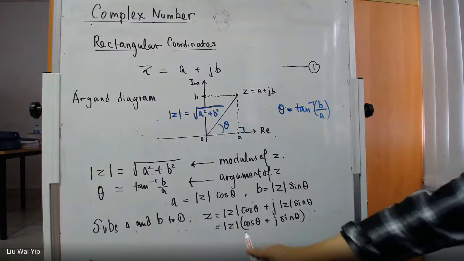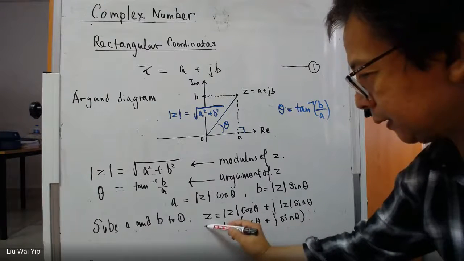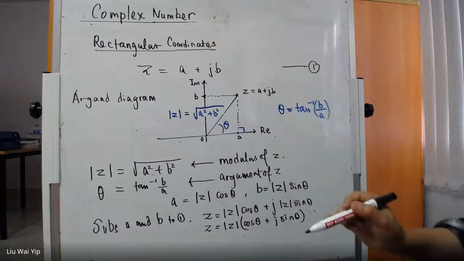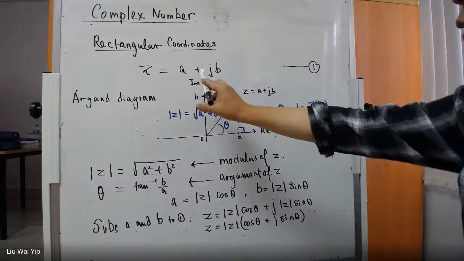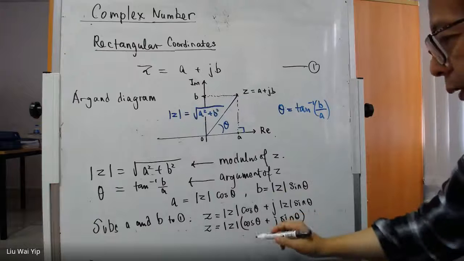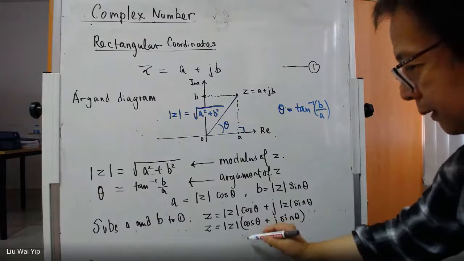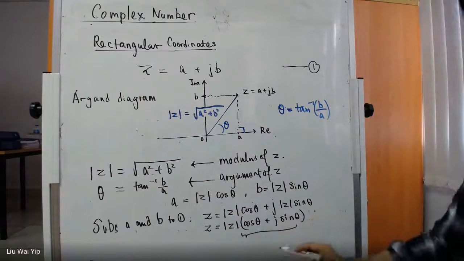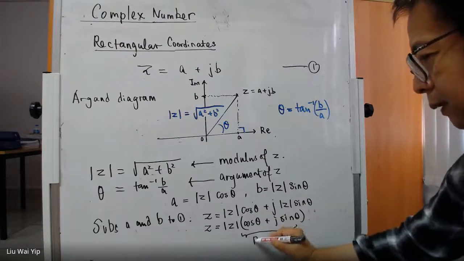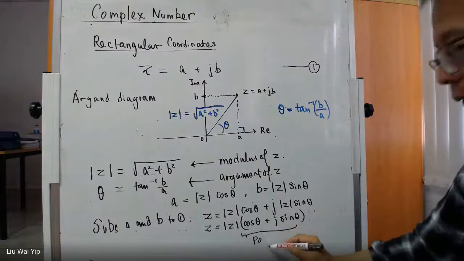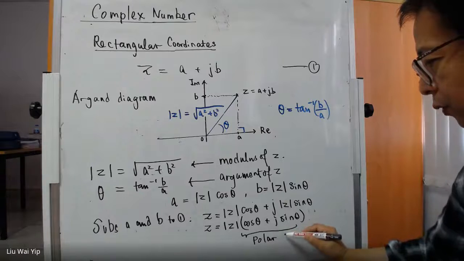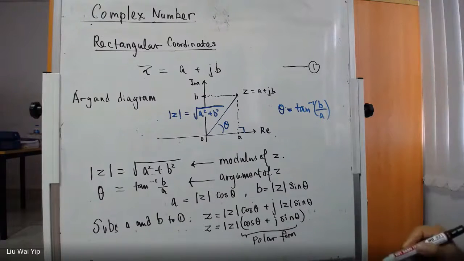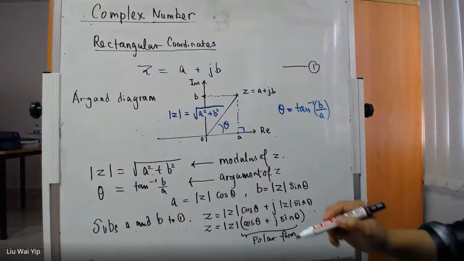This form is the so-called polar form of Z, the polar coordinates.